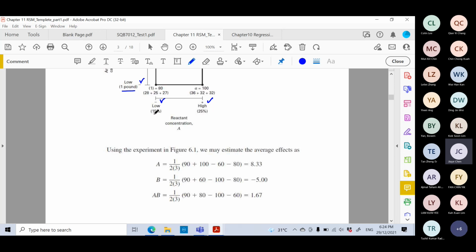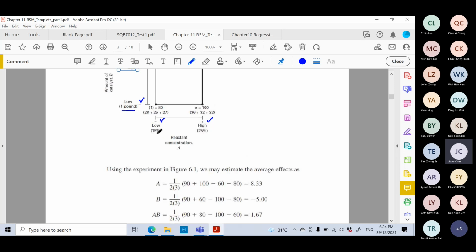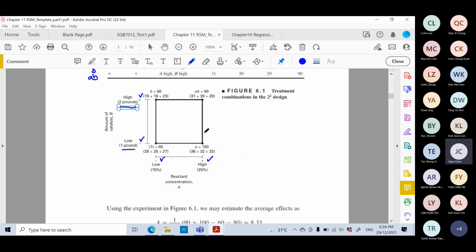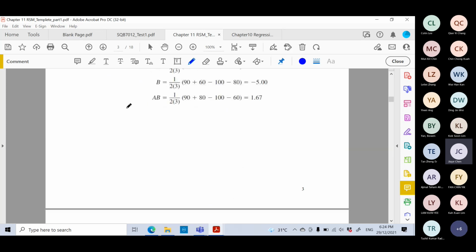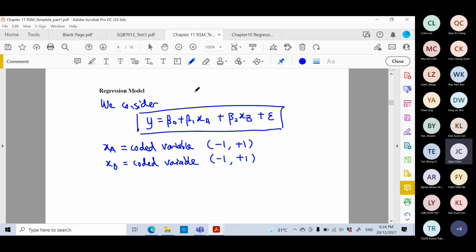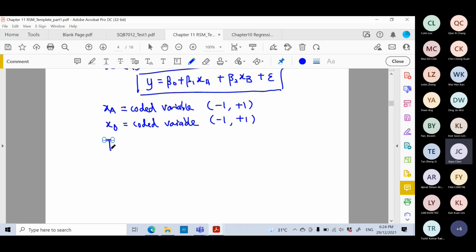You can observe that factor A is 15% and 25%, and the other factor is 1 pound and 2 pound. So how are we going to convert it?